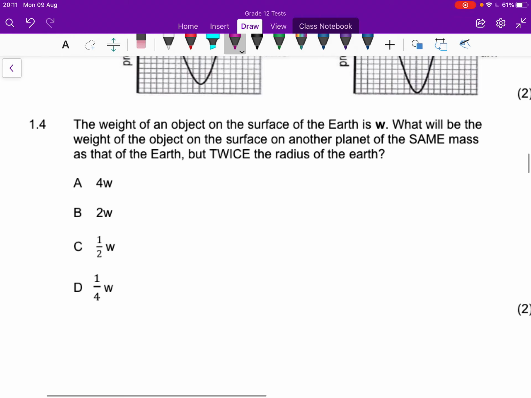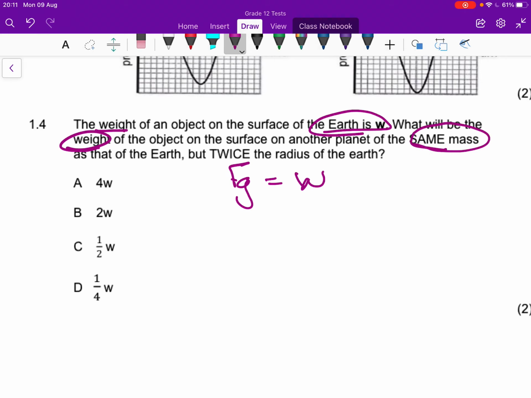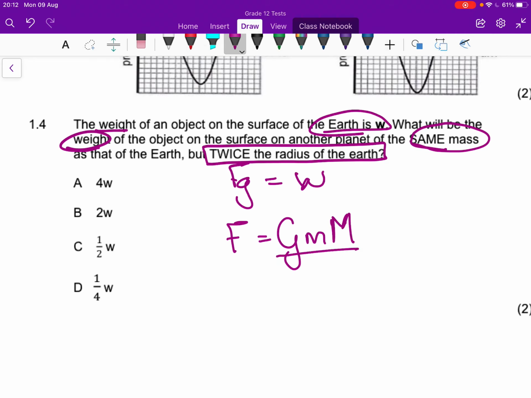Then, the weight of an object on the Earth is W. What will the weight of the object be on the surface of another planet of the same mass, but twice the radius? Okay, so now remember, F equals G, mass of the object, mass of the planet, over R squared.